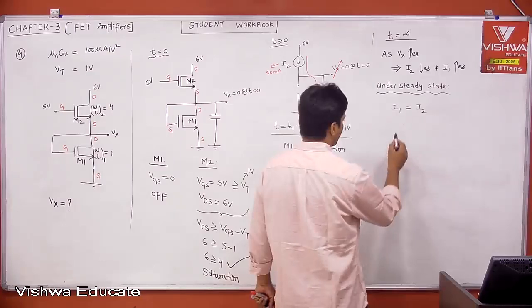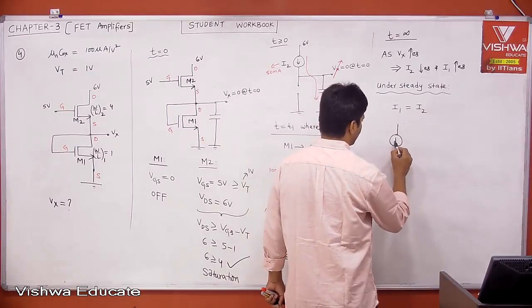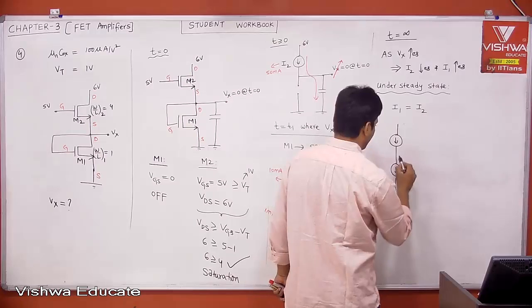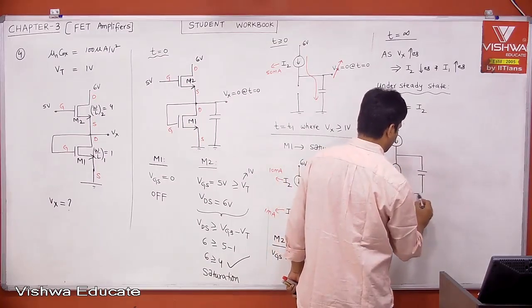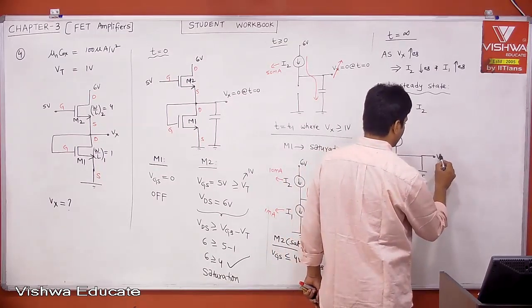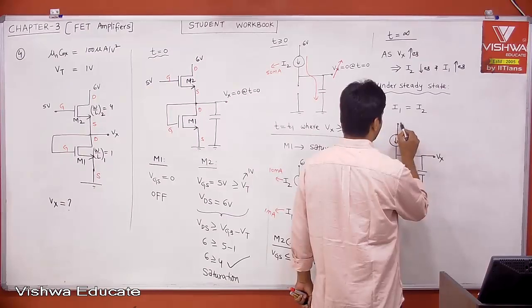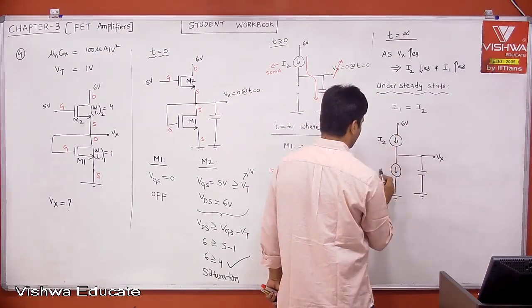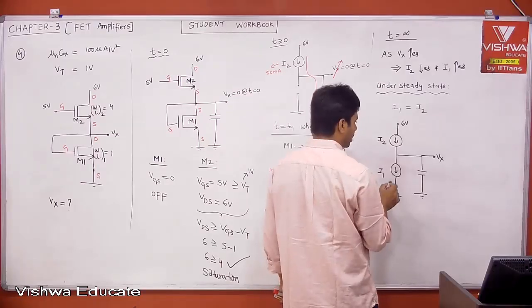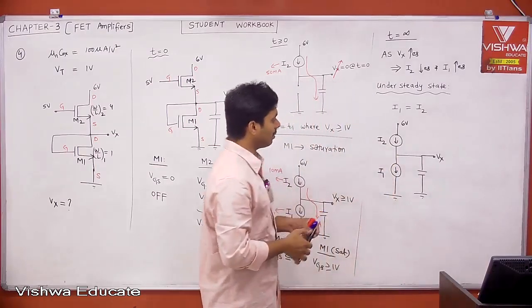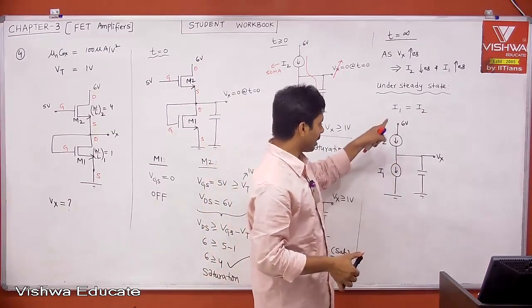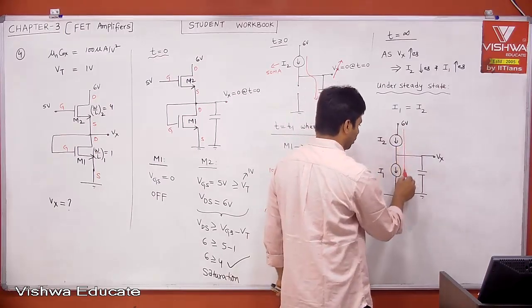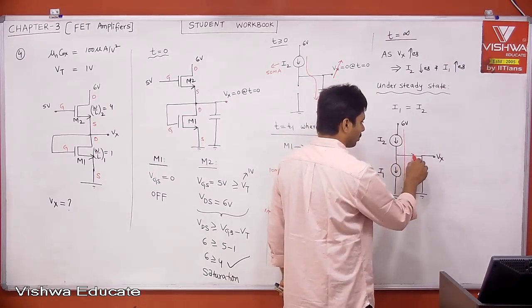Now let us say this is our current, there is a capacitor, and this is your Vx, which we need to find, and this is 6 volt. Let us say this is your I2 and this is your I1. Under steady state both will be equal. When I1 is equal to I2, what is the current flowing through the capacitor branch?